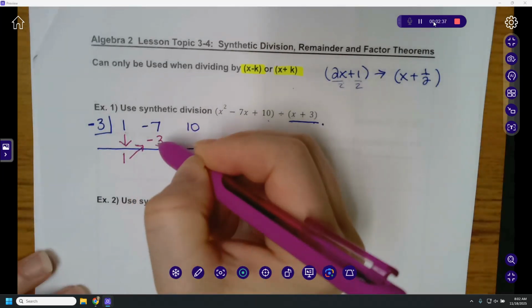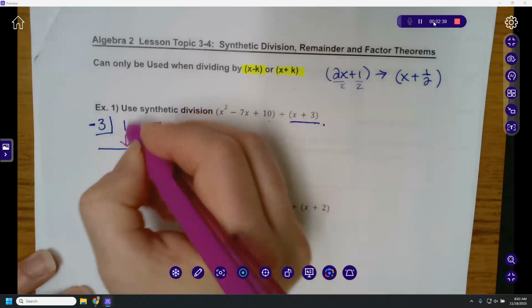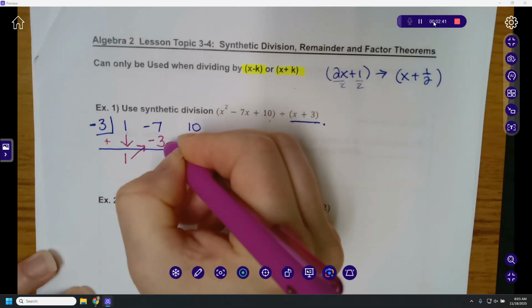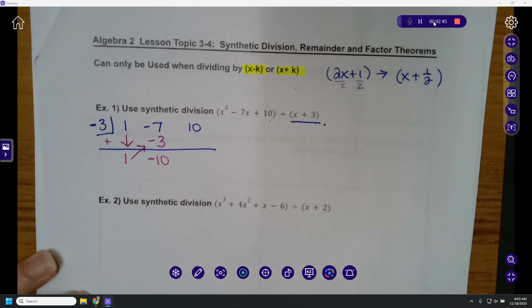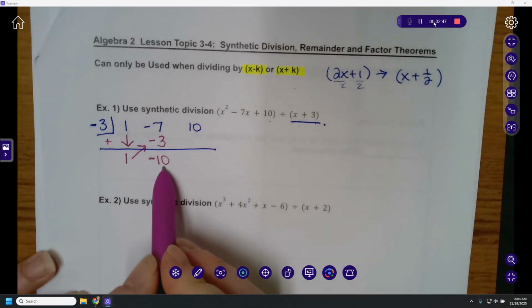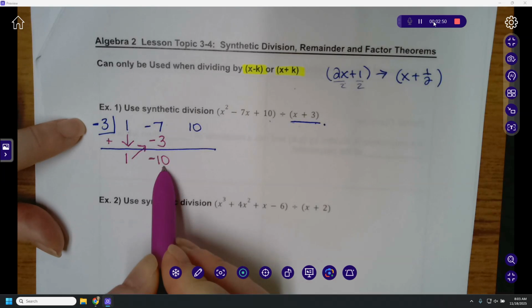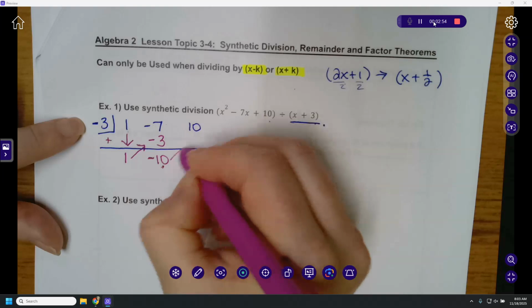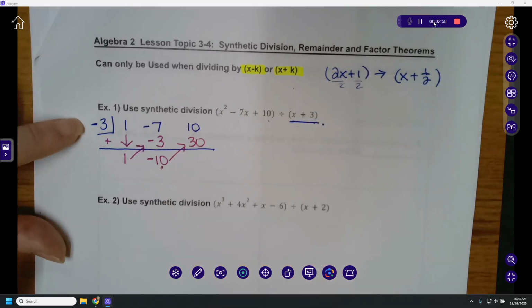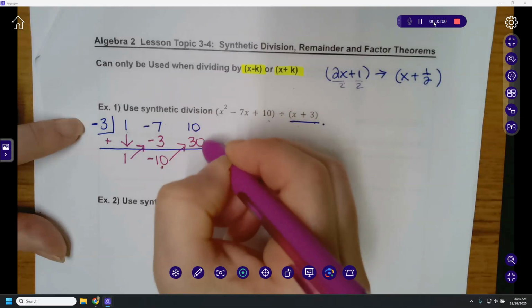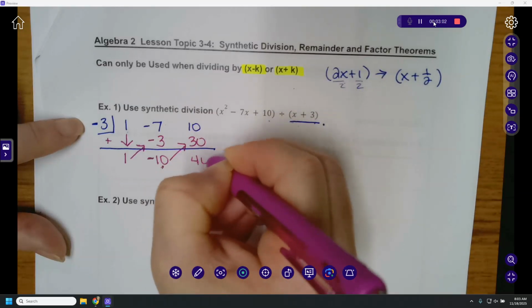Instead of having to subtract, we add these together. Negative 7 plus negative 3 is negative 10. Once it's below the line, we multiply by what's in the box. What's negative 10 times negative 3? Positive 30. And 10 plus 30 is 40.